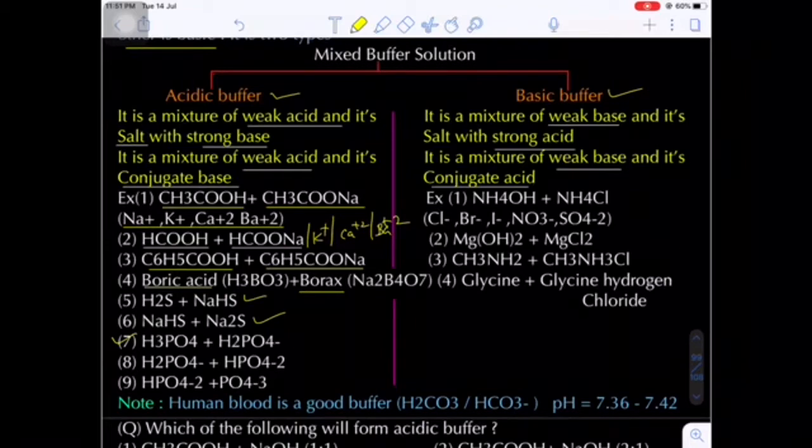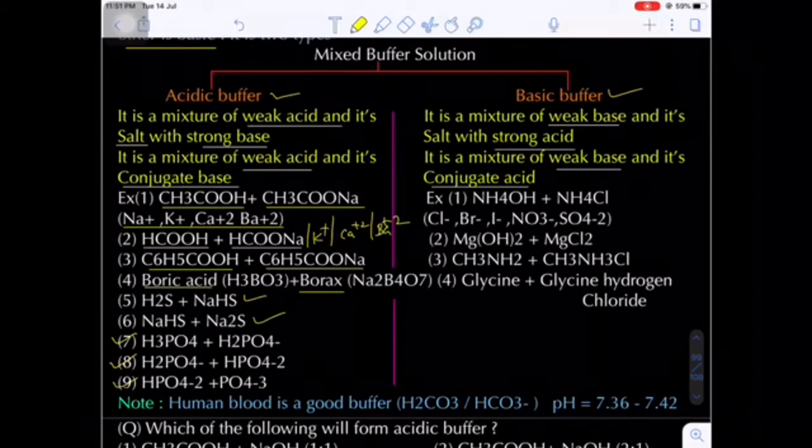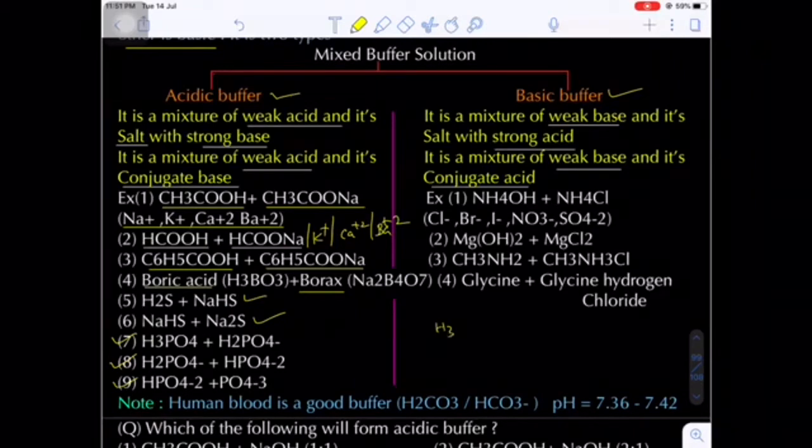Now phosphoric acid H3PO4, plus H2PO4 minus, H2PO4 minus plus HPO4 minus 2, and next to HPO4 minus 2, PO4 minus 3. Are you getting my point? Here remember the acid and its conjugate base must differ by one proton.